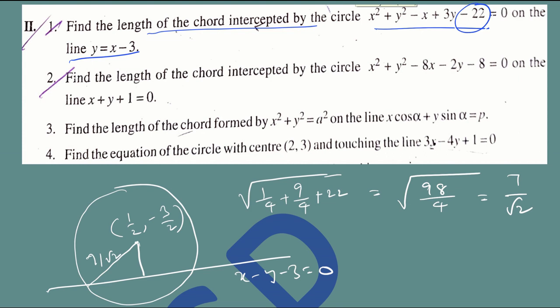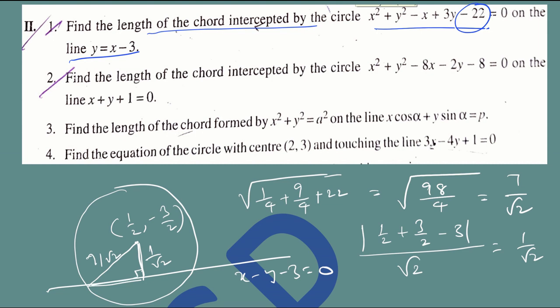Okay. Let me find the distance from the center to the line. Applying the formula, mod of the point in the line, 1 by 2 plus 3 by 2 minus 3, by root of a square plus b square. So what am I getting from this? It is 1 by root 2. Now we are going to find this length using Pythagoras theorem.